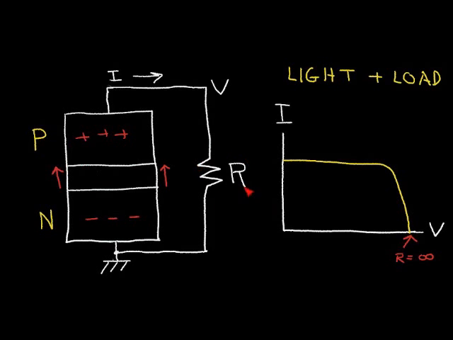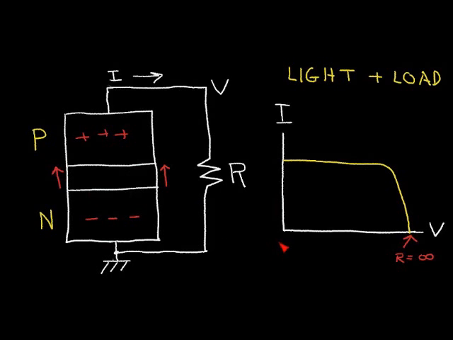And with infinite resistor, the charge just builds up and we get more charge in this region that, due to the higher concentration, causes diffusion current in the opposite direction. So we end up with two currents: drift current caused by the electric field and diffusion current caused by the concentration differences.